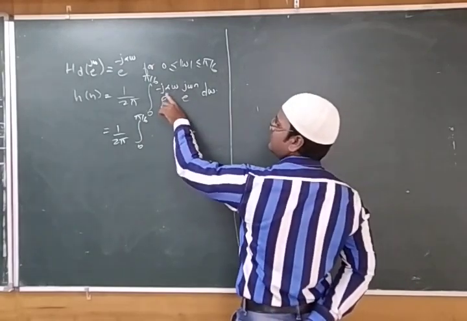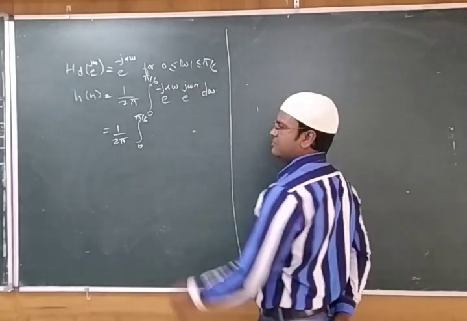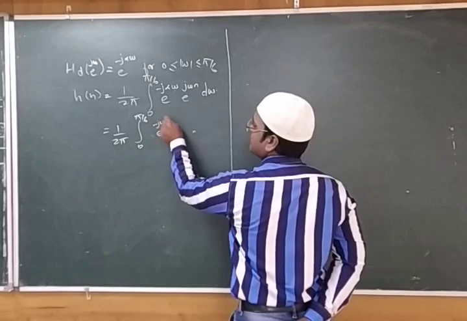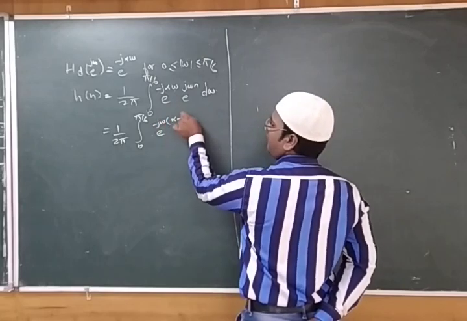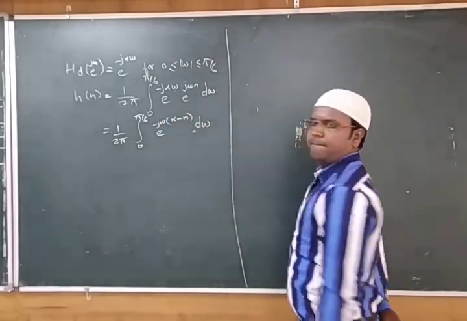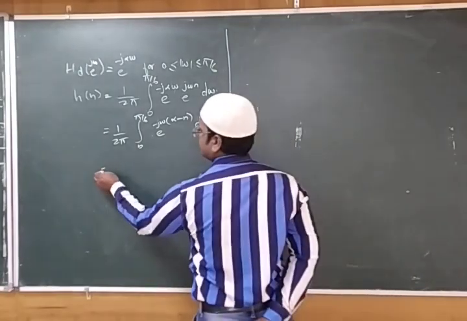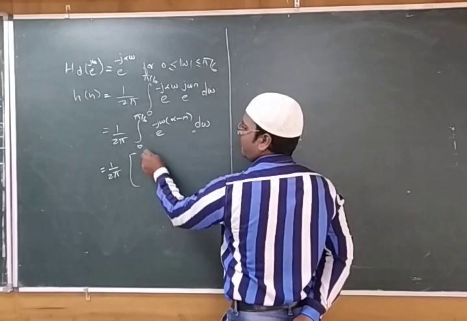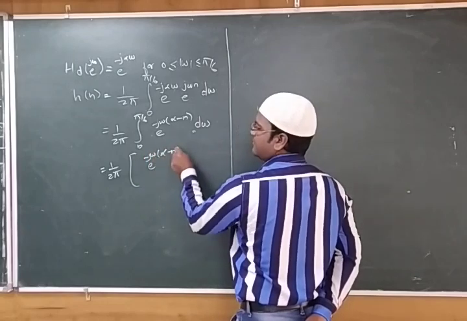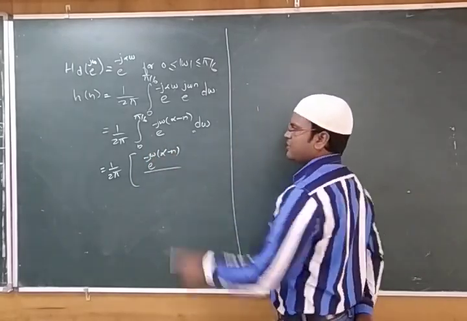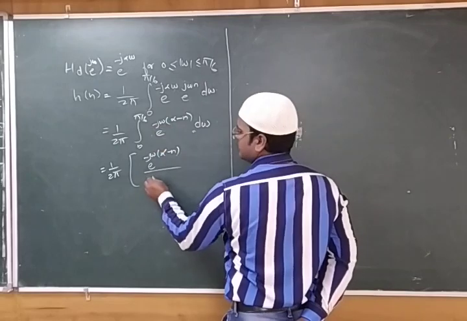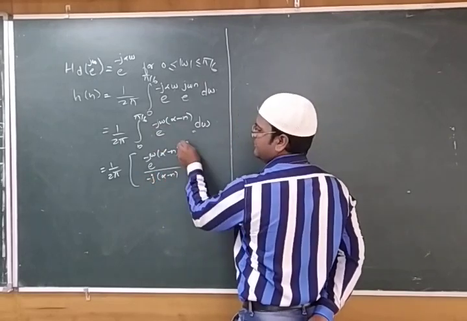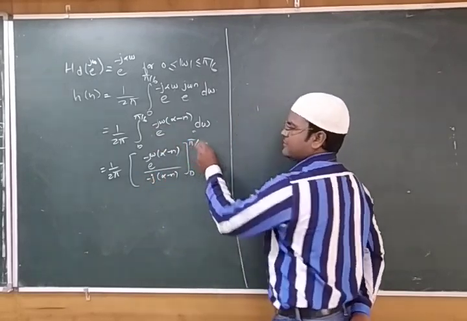I can take e power j omega common over there, so I keep e power j omega common and get alpha minus n with d omega. So 1 by 2 pi as it is. Integrate e power j omega into alpha minus n, by inner derivative, omega becomes 1, so we are left with minus j of alpha minus n, with limits from 0 to pi by 6.